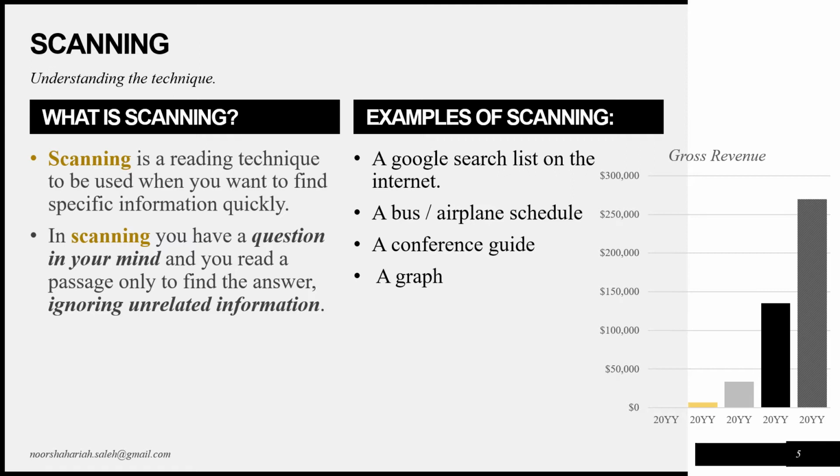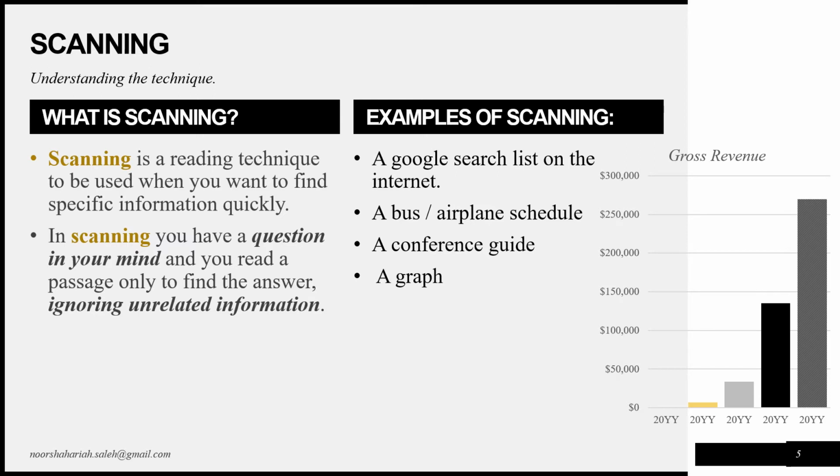A business or airplane schedule. This is a very common one, because let's say if you want to go back for Hari Raya, you don't browse or search from one counter to another, or from one schedule to another.